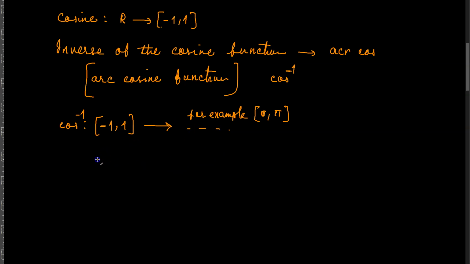For example, you could pick -pi to 0, or 0 to pi, or pi to 2 pi.